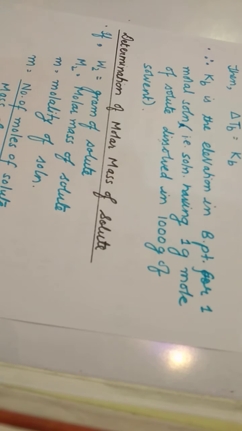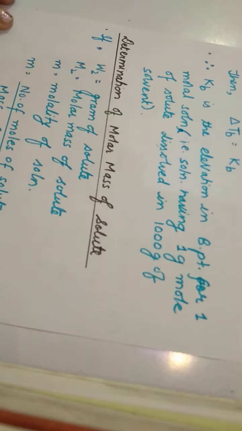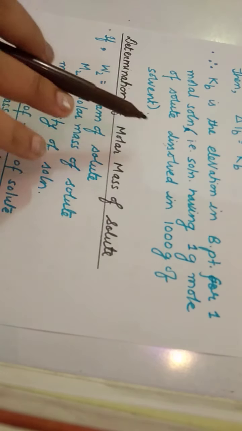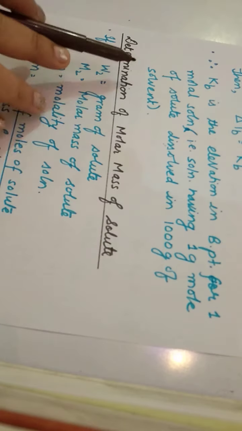Kb is the elevation in boiling point for a 1 molal solution, when the value of molality is 1. And you know what a 1 molal solution is? It is a solution in which 1 gram mole of solute is dissolved in 1000 gram of solvent.